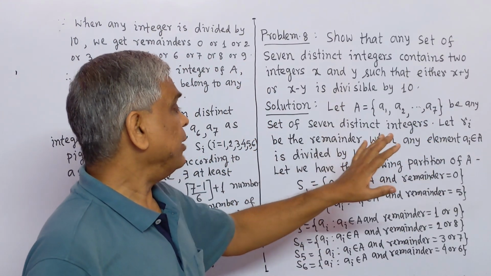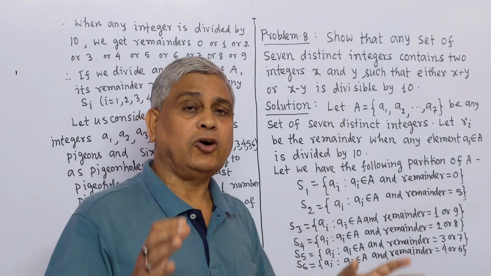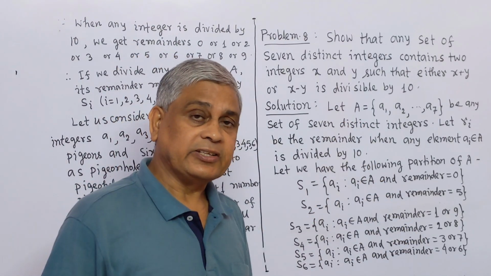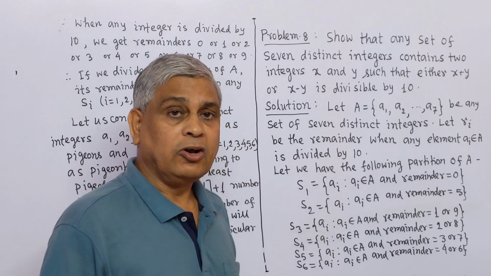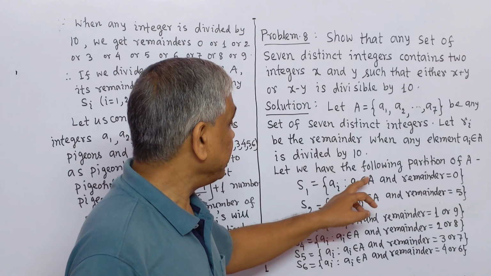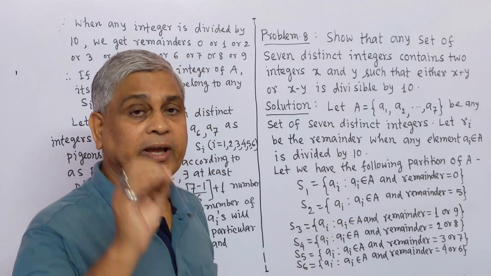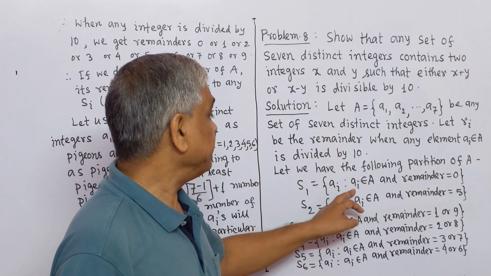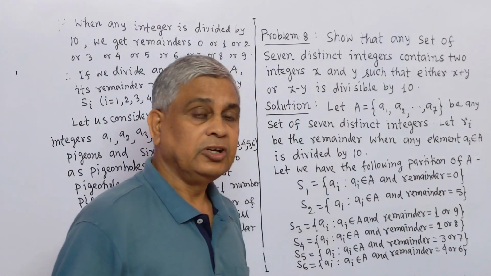Let us have the following partitions of the set A. S1, the first partition, contains all those elements ai of A such that when ai is divided by 10, it gives remainder 0.